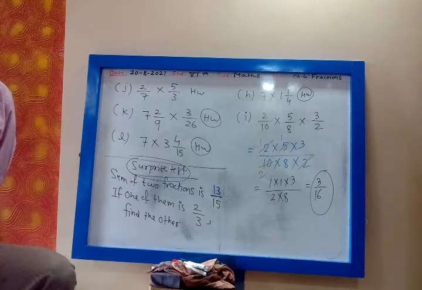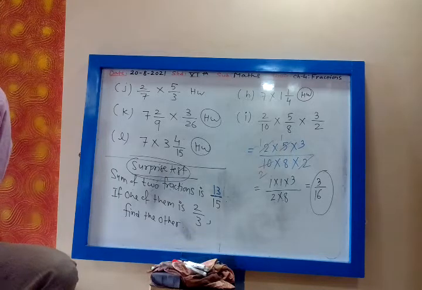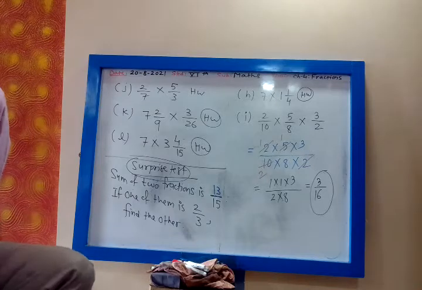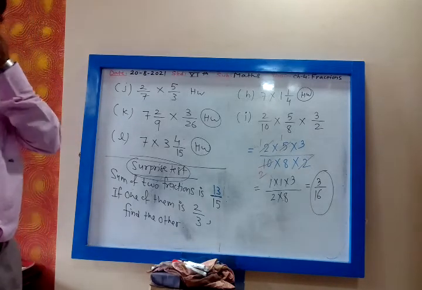My dear, 3 by 15 is the wrong answer. My dear, you have to write that in the lowest term. How are you writing 3 by 15? 11 by 15 is not the answer. Veera, how 11 by 15, Veera?